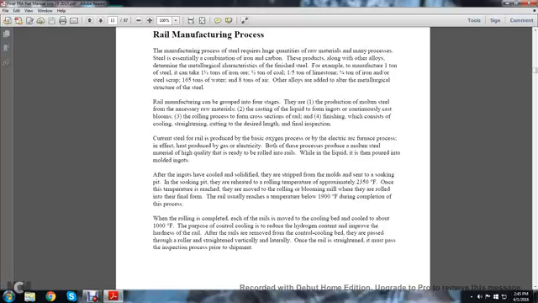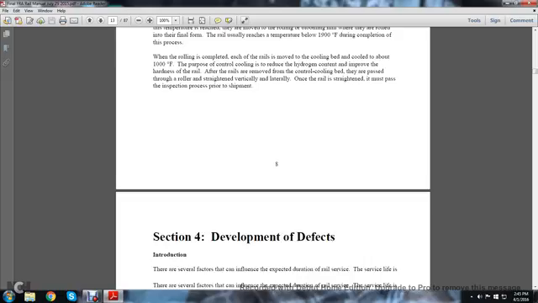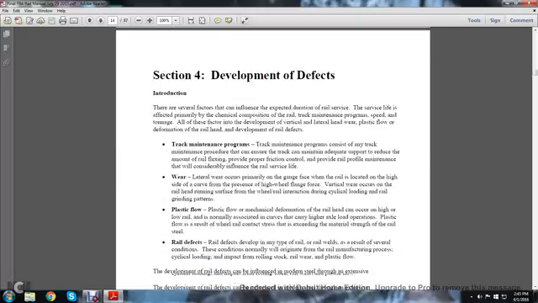The steel is usually at a temperature of about 1900 degrees Fahrenheit during the completion of the process. When rolling is complete, each rail is moved to the cooling bed and cooled to about 1,000 degrees Fahrenheit. The purpose of controlled cooling is to reduce the hydrogen content and improve the hardness of the rail. After the rails are removed from the controlled cooling bed, they are passed through a roller straightener, vertically and laterally. Once the rail is straightened, it must be inspected prior to shipment. Section 4, development of defects.